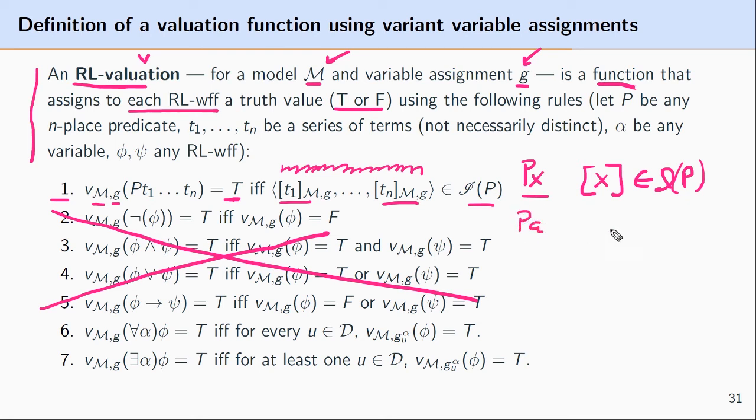If it were Pa, we check to see if the denotation of a is in the interpretation of P, and if it is, then Pa is true. And if it's not, then they're false.